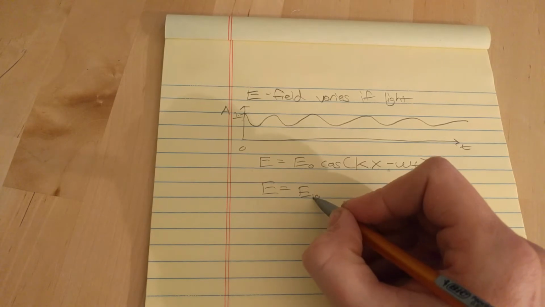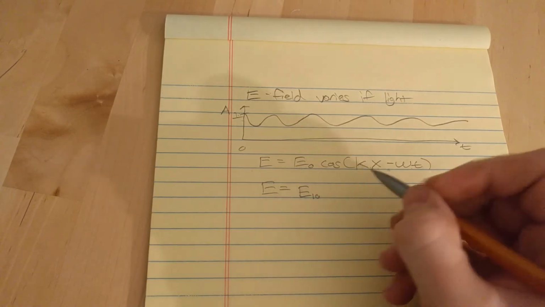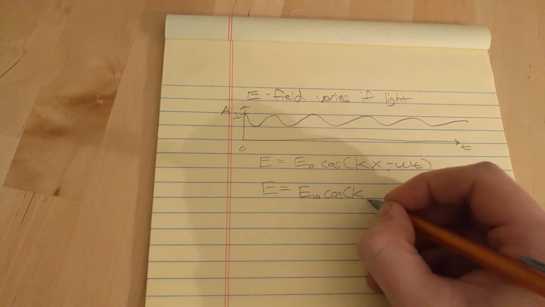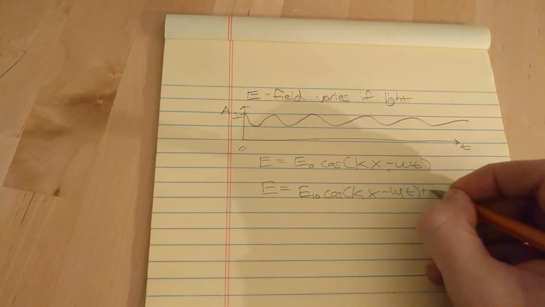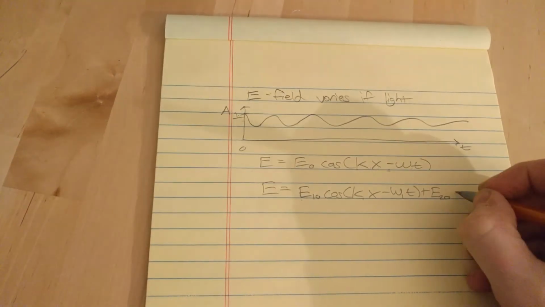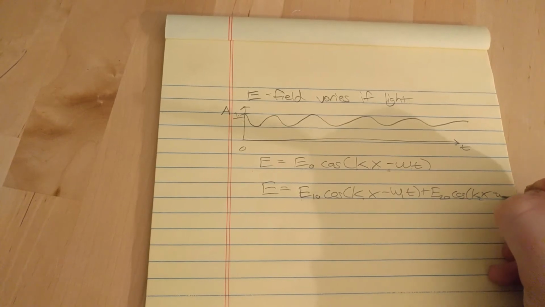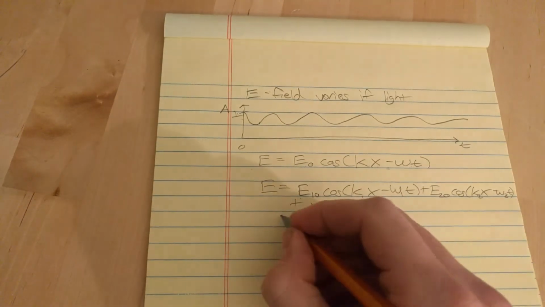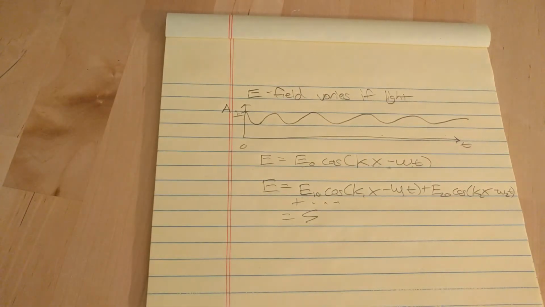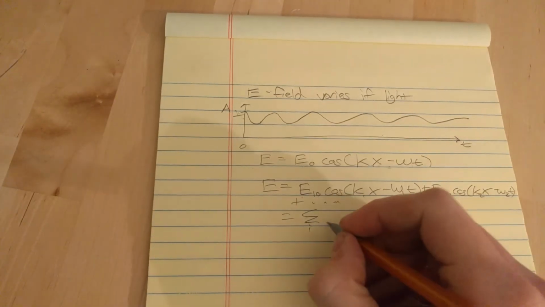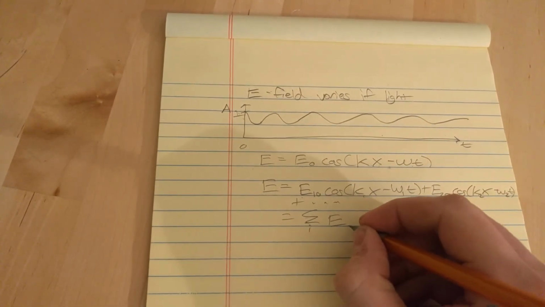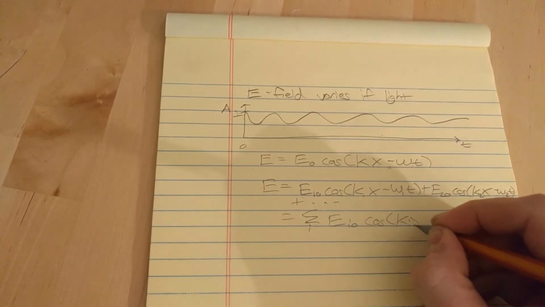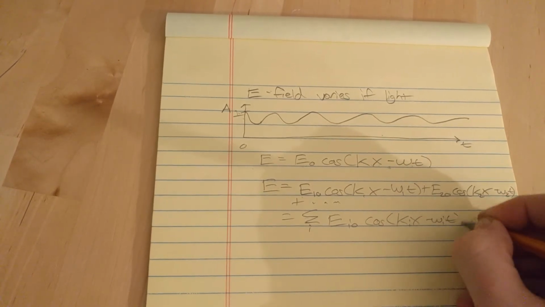If it's monochromatic, it's just the amplitude at the first frequency times cosine k1x minus omega 1t, plus E2 for the second frequency, cosine k2x minus omega 2t, and so on and so forth. In other words, you get your electric field by summing over all the frequencies: E_i naught times cosine k_i x minus omega_i t.